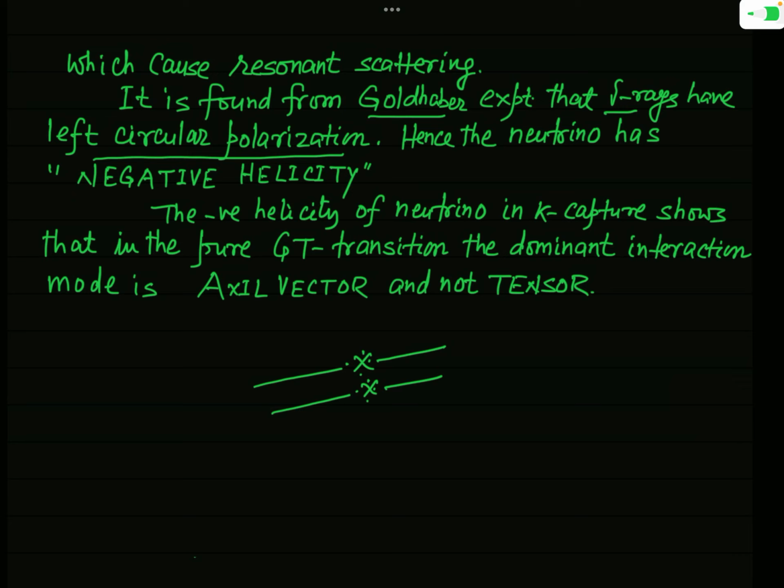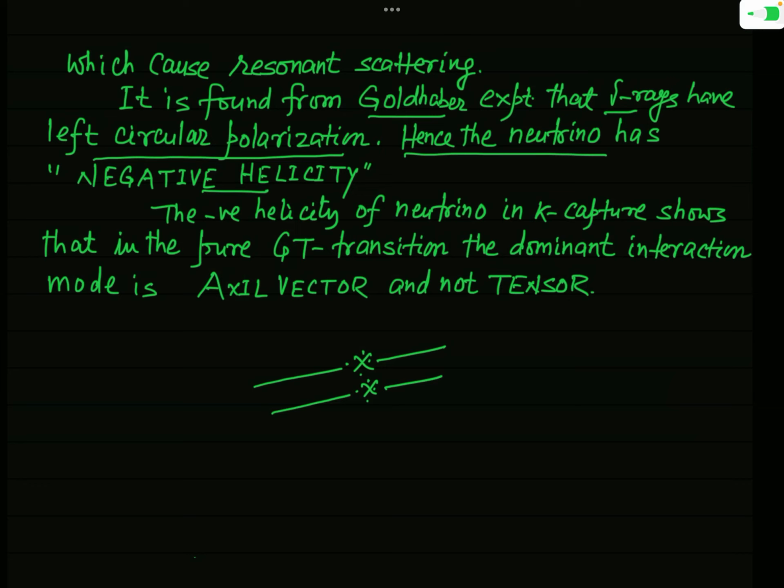We have already discussed these things in the earlier lecture, and you have seen that in case of left circular polarization, helicity is negative. In this experiment, it was found that gamma rays have left circular polarization. So from this experiment, we conclude that the neutrino has negative helicity, as I have told you earlier.